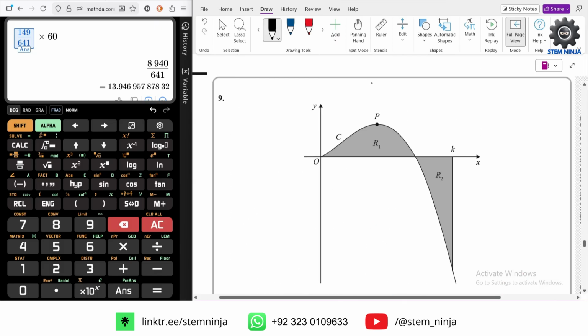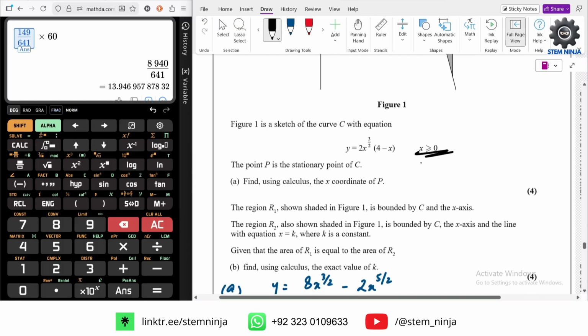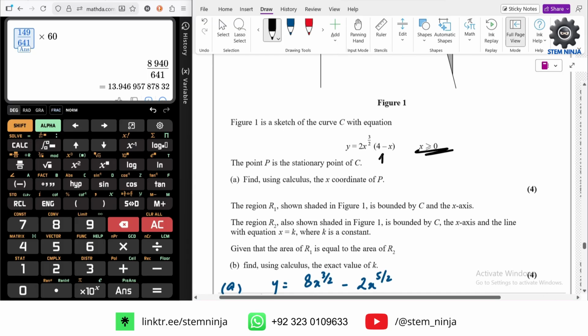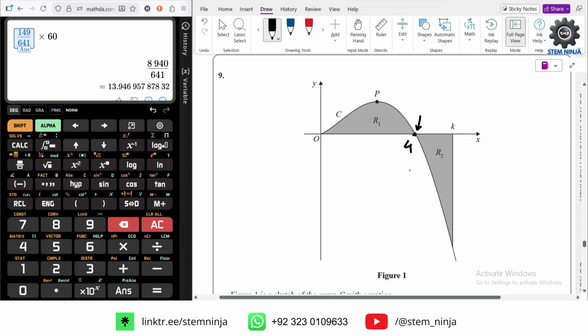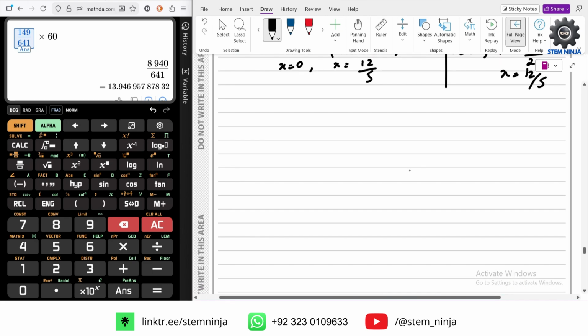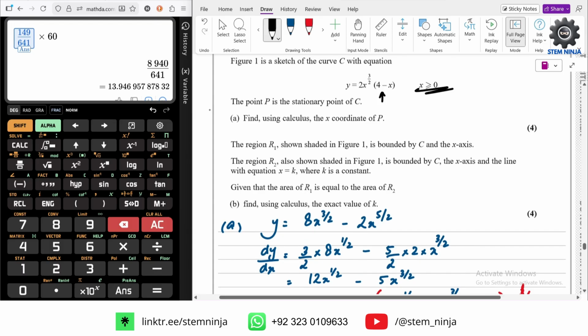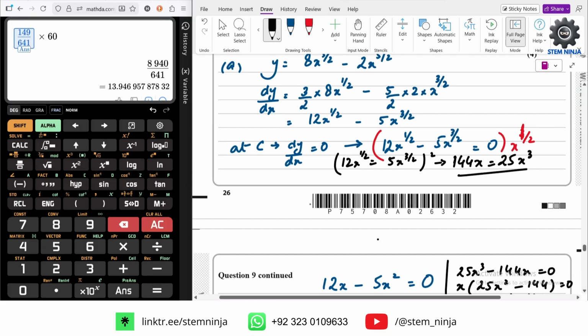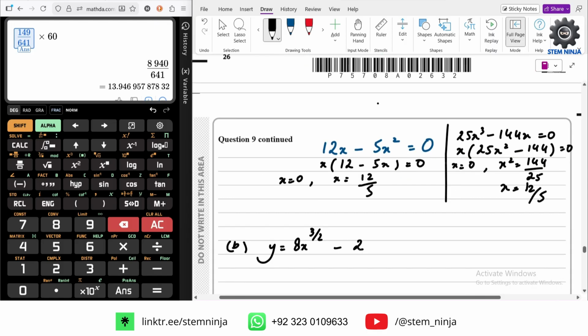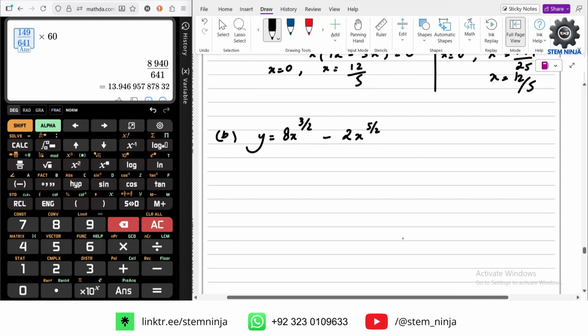Right, so before we find k, we need to find the x coordinate of the x-intercept. So this is straight away x is equal to 4. This is a simple deduction. This is part B, y equals 8x^(3/2) minus 2x^(5/2).